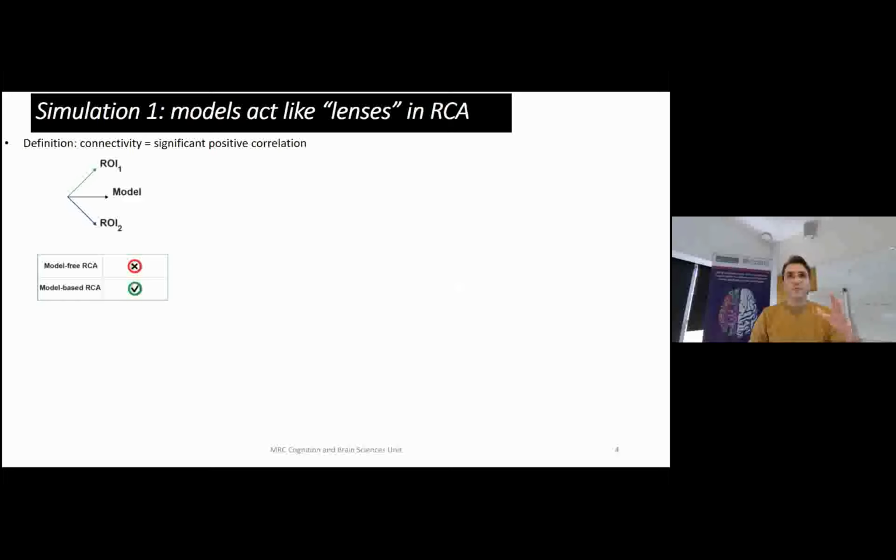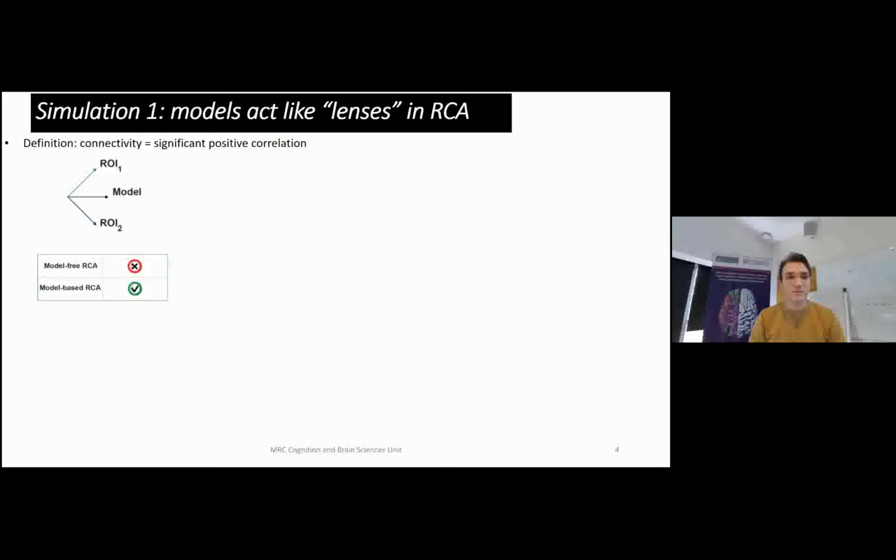We know that the RDMs can be represented as vectors in space, and vectors can have different angles relative to one another. The angles represent the correlations that we measure in reality. For example, if ROI1 and ROI2 have a 90 degree difference, they are orthogonal to one another, and they do not show a high correlation.